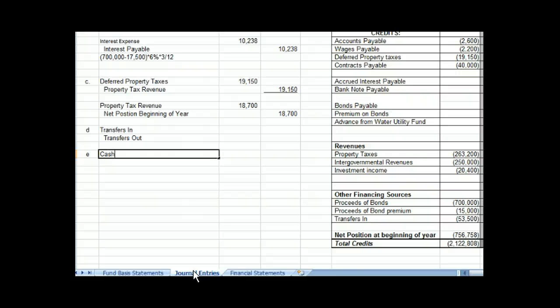This one will be a kind of long one, from other funds. Like I said, the journal entries are key, because if you don't get these journal entries, you're going to struggle with getting the rest of it. So I'd rather make sure I get that done for each of you.